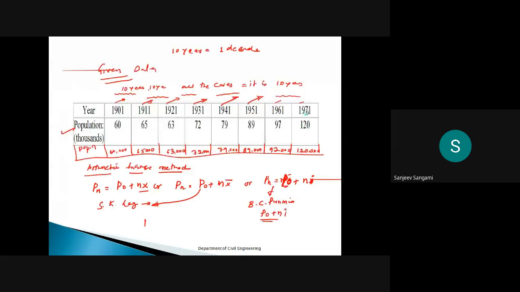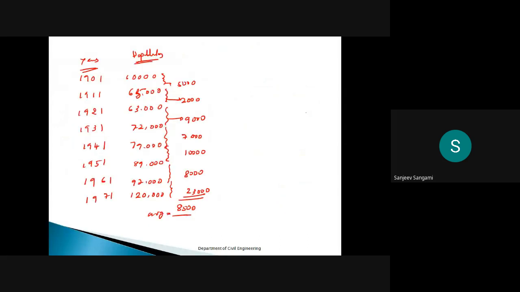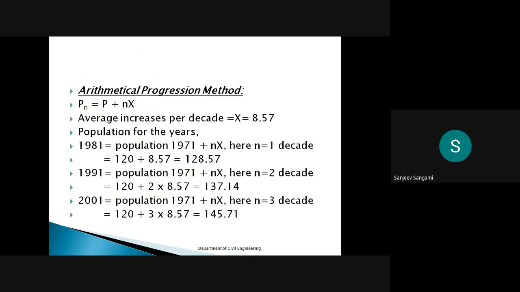So once you do it, you'll get the average of 8570. Normally, because it is in thousands, you divide it by 1,000. So 8570 divided by 1,000, you will get 8.57 will be the x value.